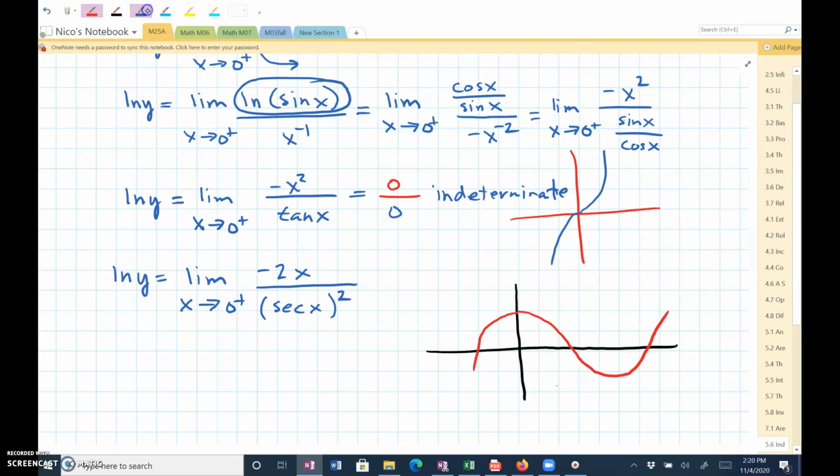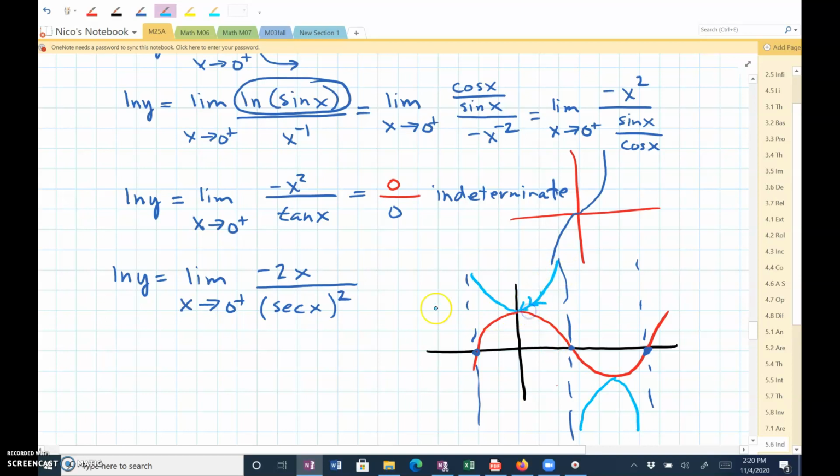So the secant function of x is going to end up being 1. So this is 1 squared, which is 1. Negative 2x, direct substitution, this is going to be 0, so our answer here would be 0.